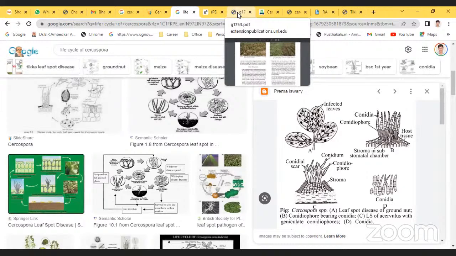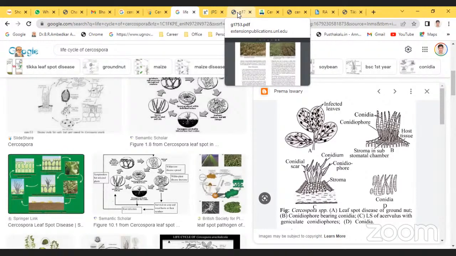Then the conidia, by breaking of the cell wall or anything, are spread by different means, like wind or water, whatever may be. Through the wind, in suitable and favorable conditions, some of the fungi germinate into new Cercospora.